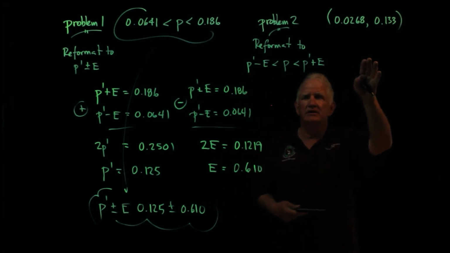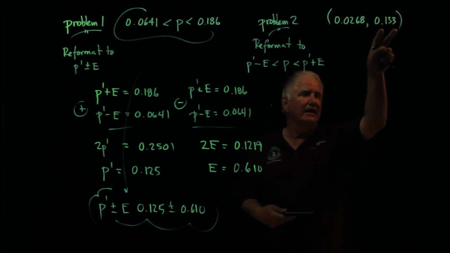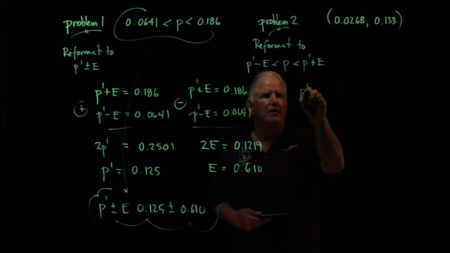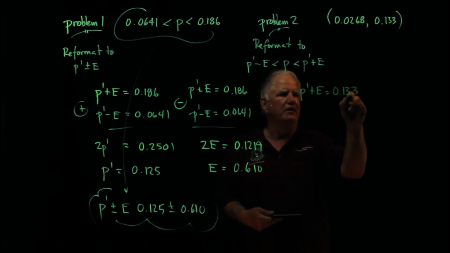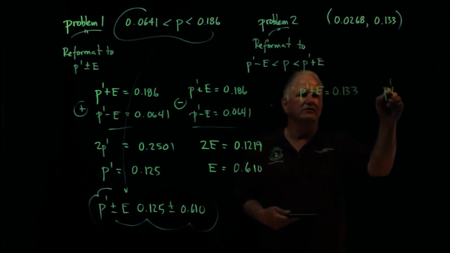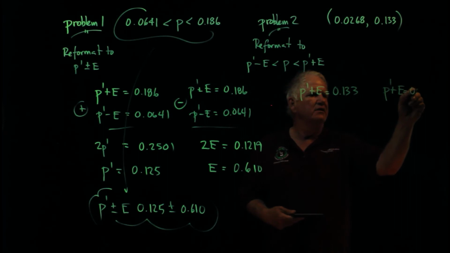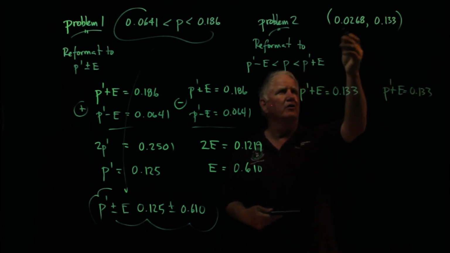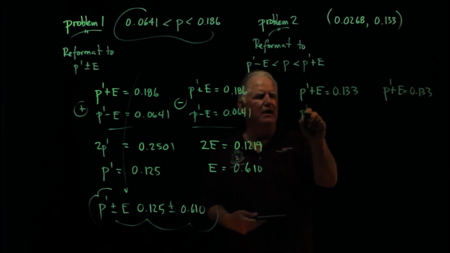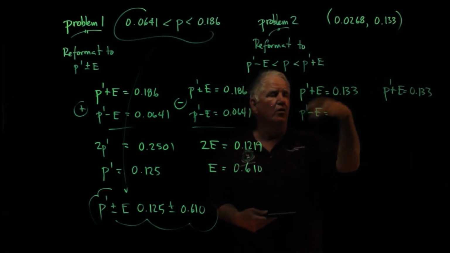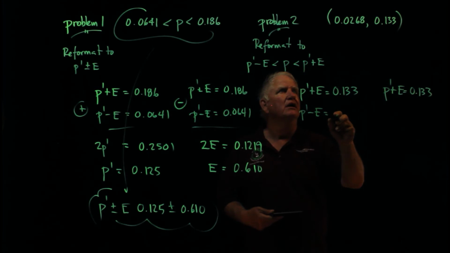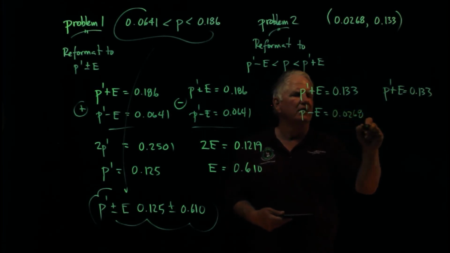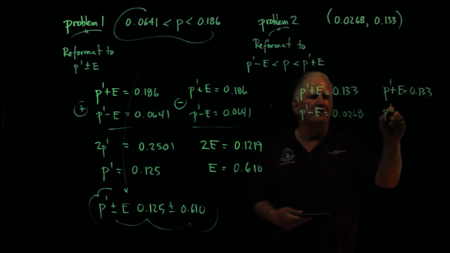We're going to recognize that that is P prime plus E, 0.133, and I'm going to write it twice because I just got that OCD thing going. And we're going to recognize that that is P prime minus E, the lower bound. Lower bound is P prime minus E, upper bound is P prime plus E, and that lower bound is 0.0268. And over here, same thing, 0.0268.